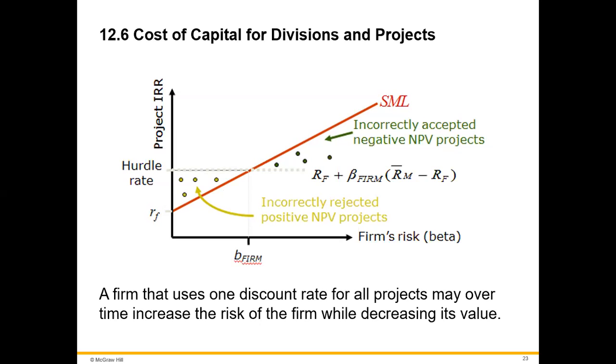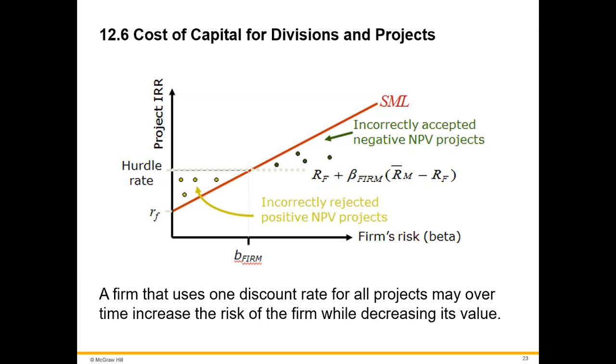On page 369 is this picture. It basically is saying, if a firm uses one discount rate for all projects, it may over time increase the risk of the firm while decreasing its value. So it's very important that we don't just say, oh, we got a required rate of return, we're going to use that forever.